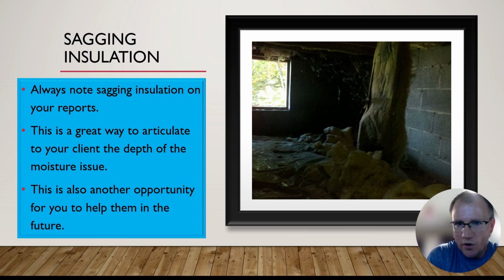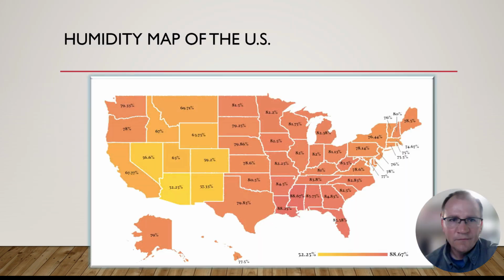As that moisture lifts, that condensation is making that insulation really heavy and making it sag down. So again, this is something you need to note because as you're looking at crawl spaces and debris, this is something you definitely can't leave on the floor. You wouldn't be able to do any work in the future with all that insulation on the floor. This is another opportunity for you to help your client with something that is going to be a major issue in the future and already is now.